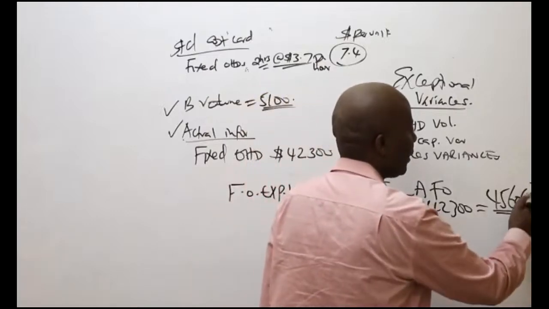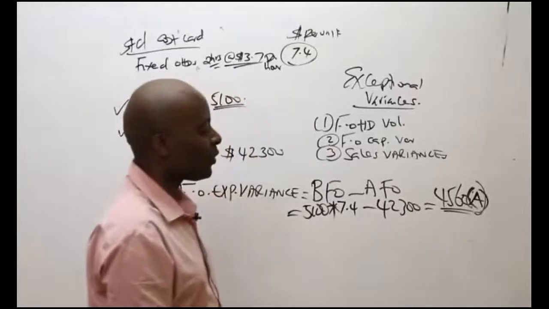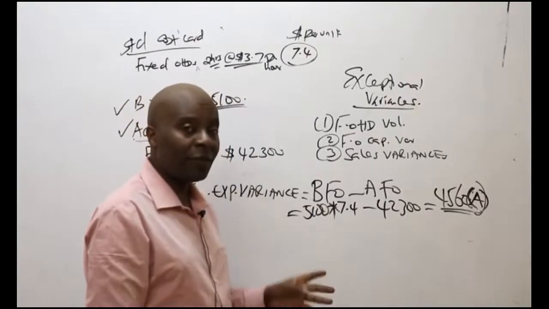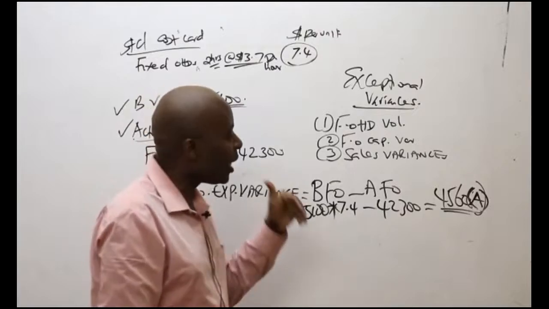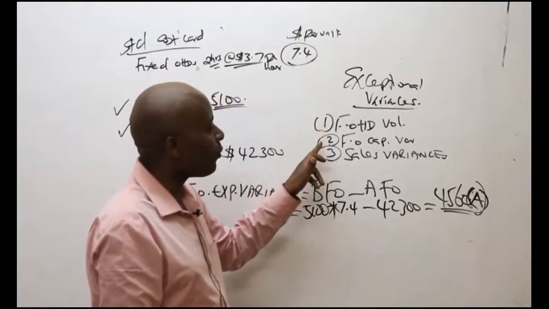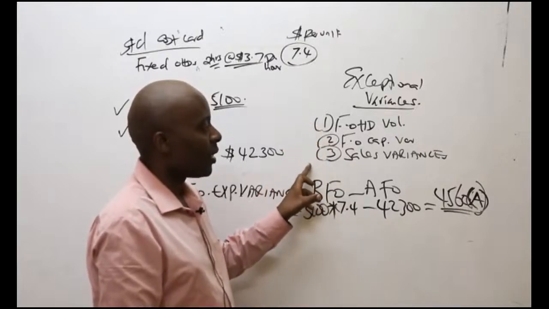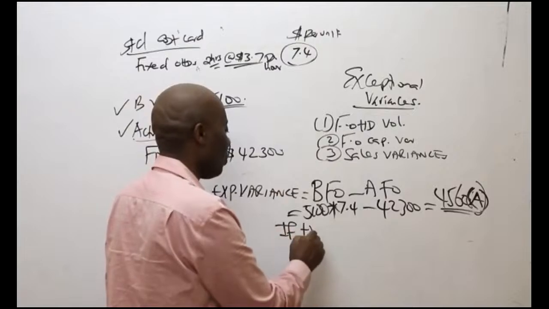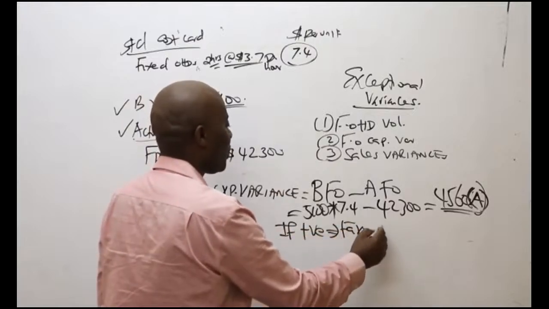I think there is something that is still confusing you people. Minus 4560 is supposed to be 4560 what here? Adverse. If it's a negative, it's adverse, not unless it happens to be coming from among these three things. So remember, if positive, favorable.